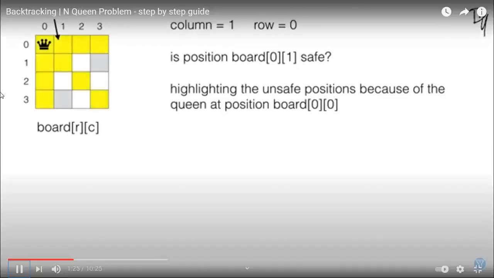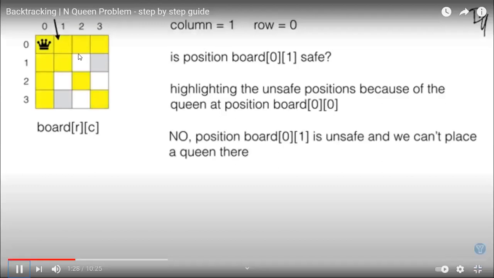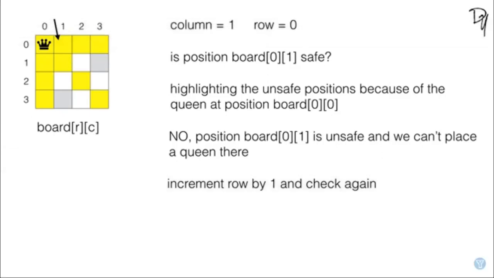But the highlighted portion shows the unsafe area, because this queen attacks this row, this column, as well as diagonally. So we can't place our second queen at position 1, 0 because it is unsafe. So again we increment the row by 1 and check.